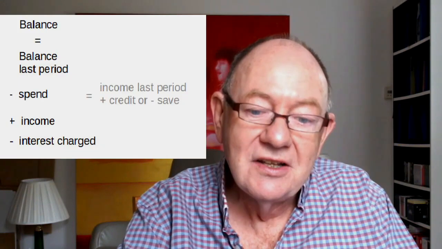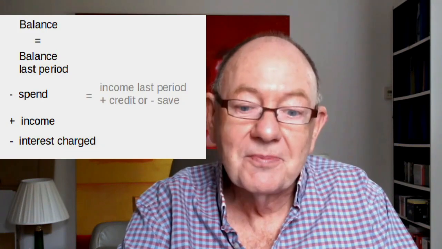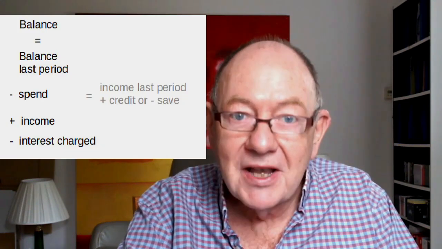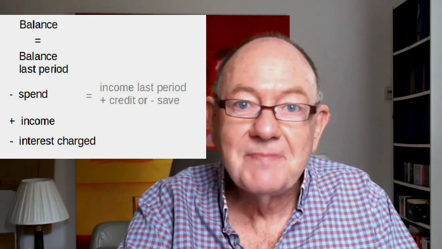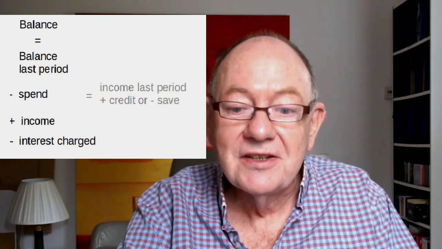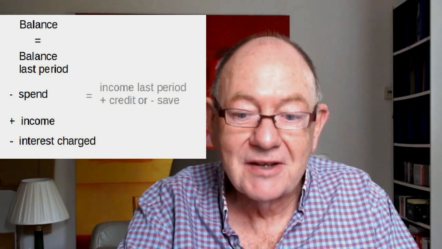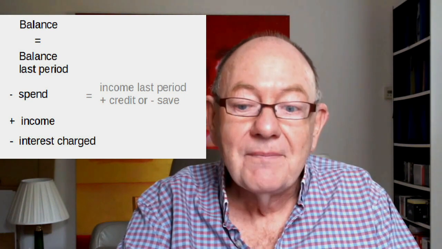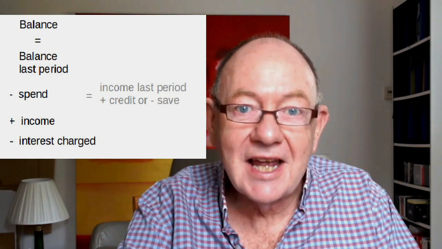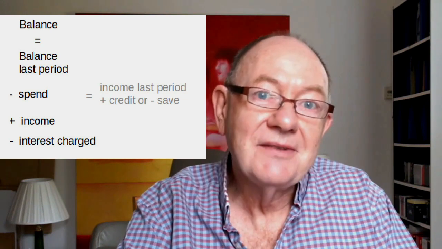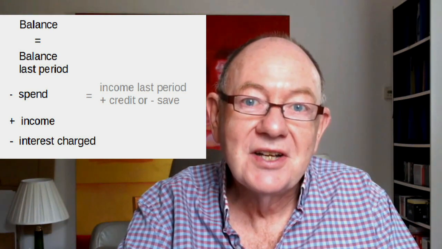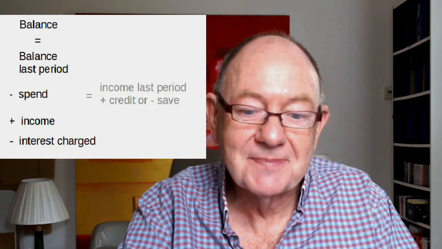At the end of each period, the owners' and the workers' account balances are updated. The new balance will be the previous balance minus however much they've spent this period, which is the previous period's income plus any credit they've asked for, plus the income they get this period, and minus the interest which has been charged to them in this period.